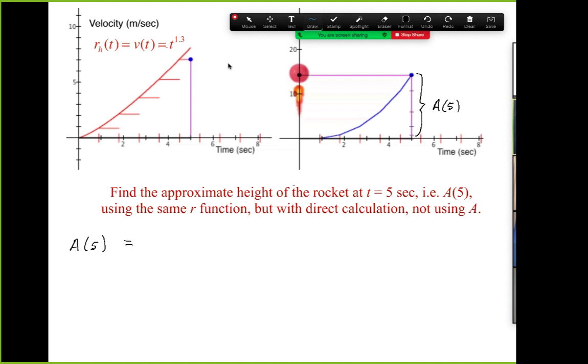Any ideas? How do we get accumulation from rate of change, using constant rate of change? So how do we do it? How do we get accumulation at a constant rate of change?